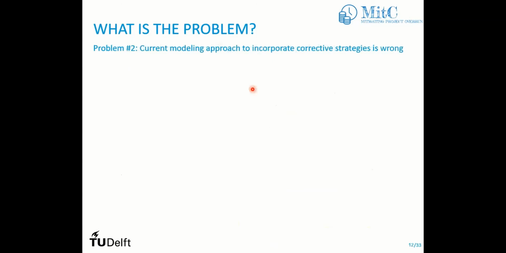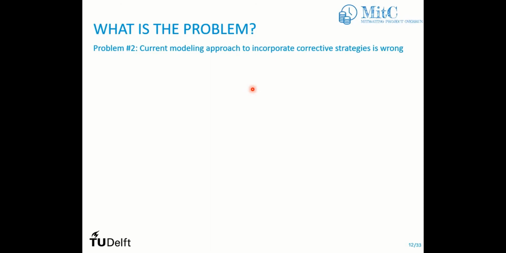But of course you can tell me that even in the industry, even out there, the project manager is not going to do nothing about it. They are going to do something. I tell you, yes, they are going to do something, but the way they incorporate corrective measures is also wrong, because it's already based on the wrong S-curve, which we talked about.